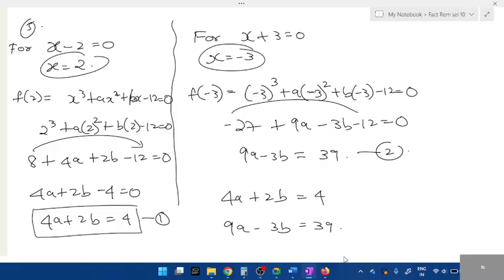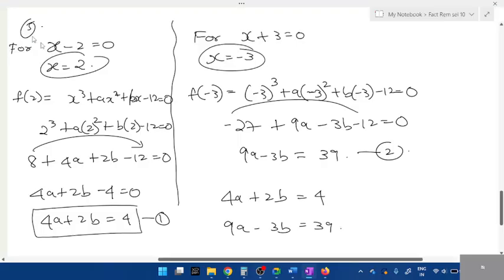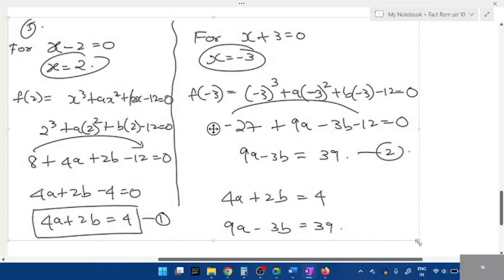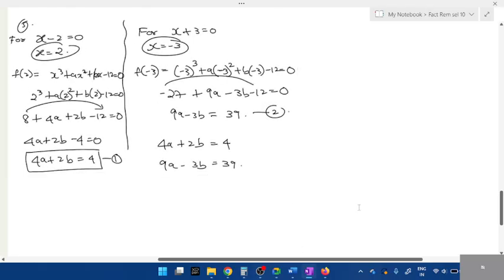So the second equation is minus 27. 3 square is 9, plus 9a is correct, minus 3b minus 12. Okay, till here it is fine. See, these are board exam questions. For the board exam, they give questions like this. They'll tell you to find A and B.